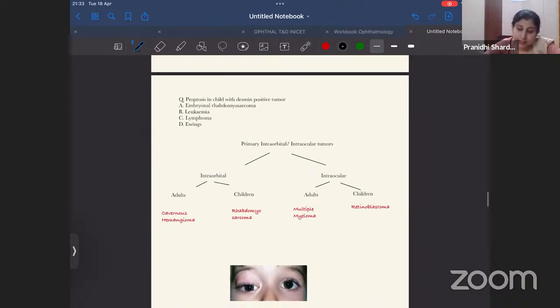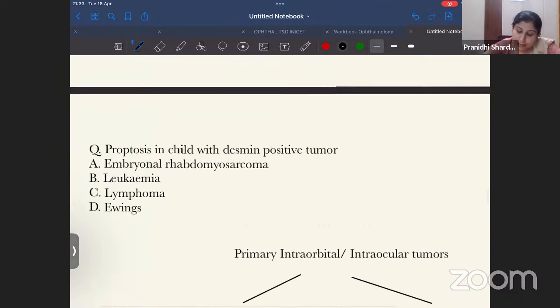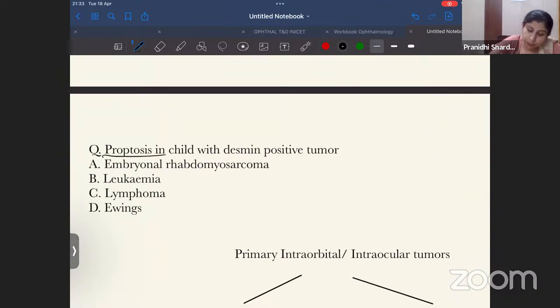The next question is proptosis in a child. The first thing is proptosis, the second is child, and the third thing is a hint given in the question that the tumor is desmin positive. We have to come to the diagnosis with these 3 things: the sign is proptosis, the age group is child, and on histology, the tumor is desmin positive.